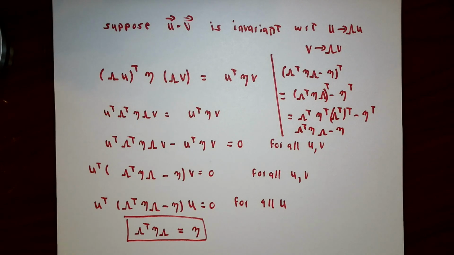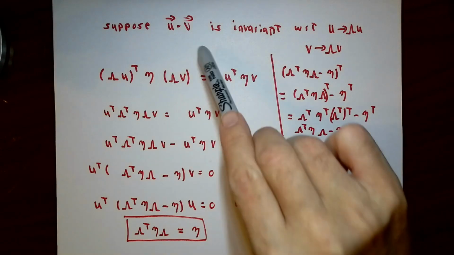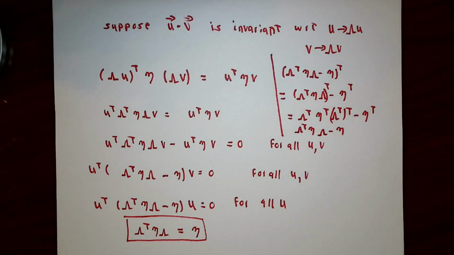So let me summarize what we've figured out here. If the Minkowski dot product is left invariant by a linear transformation lambda, then that lambda must obey this equation: lambda transpose eta lambda equals eta, where eta is the 4 by 4 diagonal matrix that looks just like the identity, except it has a -1 in row 0, column 0.